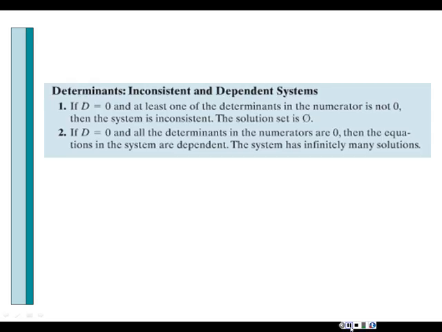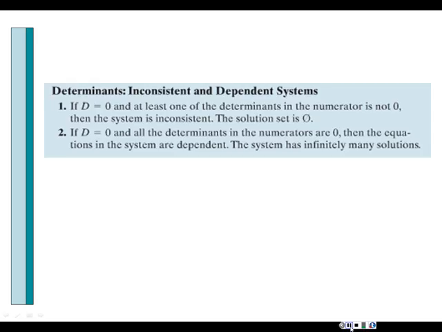That means the system does not have any solution. That means there are no such x, y, and z for which all equations of this system of linear equations can be satisfied. That's why the first one we wrote, the solution is null. That's the symbol of the null set.